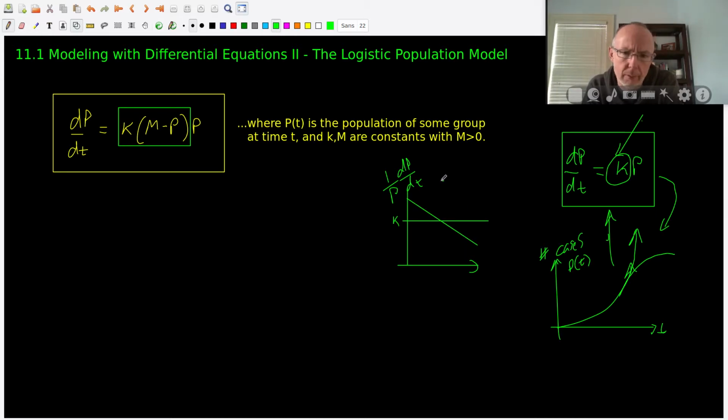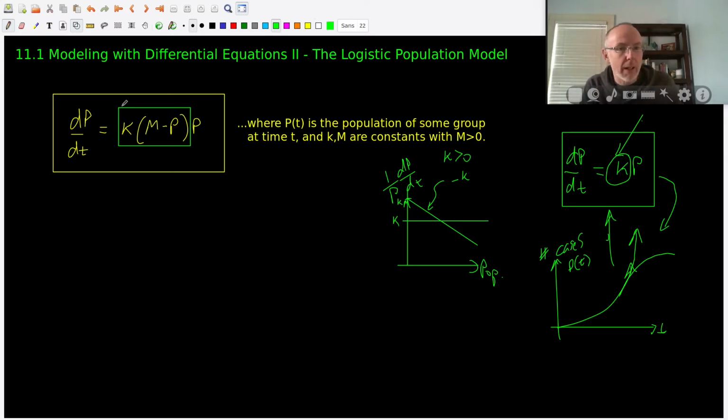You can see it has slope minus K. The y-intercept for this green thing, if I just plotted that green thing as a function of population here, would be K times M. I'm assuming K is positive here, I should say, and M is positive as well. And so we get this decreasing growth rate. And that's where we were from last time.